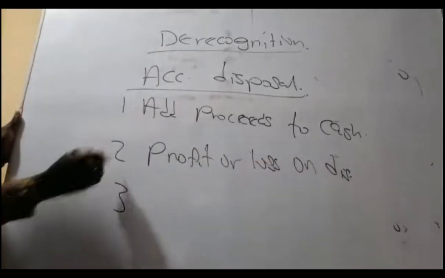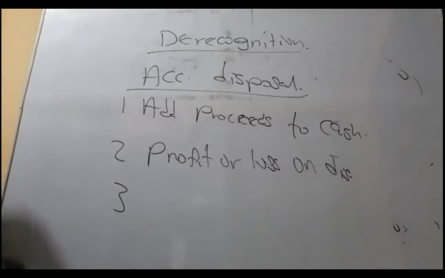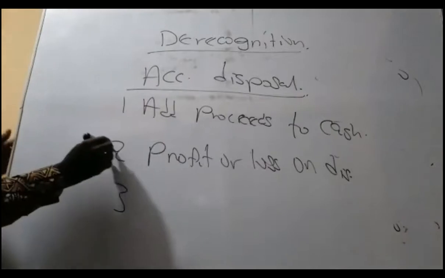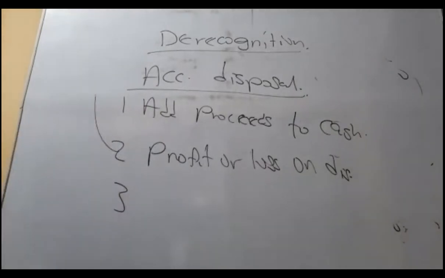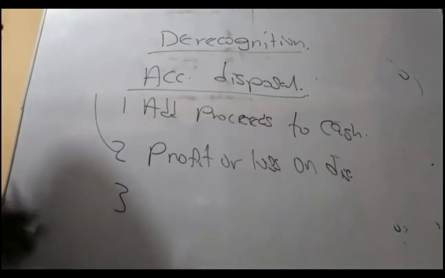Here I'll give a format. If you want to determine the profit or loss, relax, calm down. Compare two items, how we did for the revaluation gain or loss, the same thing we're going to do here.